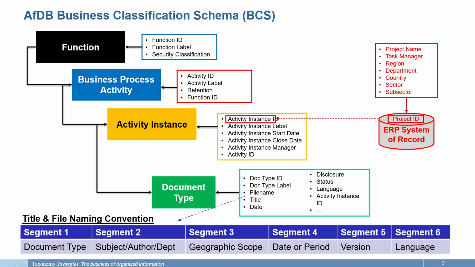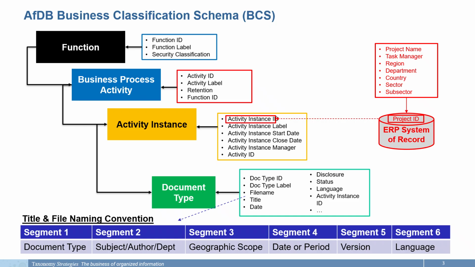A business classification schema is based on business functions like finance, human resources, and information technology, as well as business process activities. Business process activities may be well-defined standard operating procedures like procurement, HR, and in the case of multilateral development organizations, where a key activity is the operation of development projects.